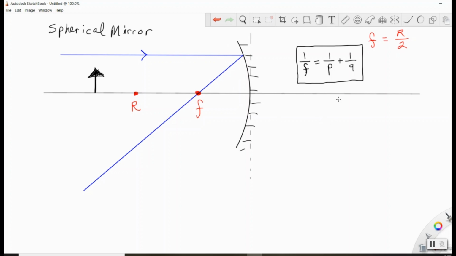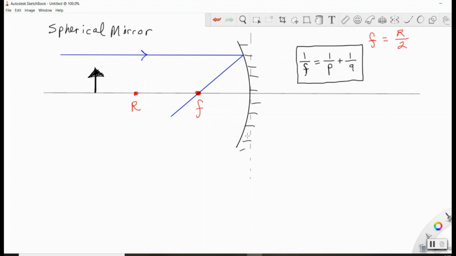There's a couple of things that we have to keep in mind here, though. You may remember that in the case of our lenses, focal length was positive when we had a ray focused in on our focal point. So let's clarify what a positive focal point means and what a negative focal point means.